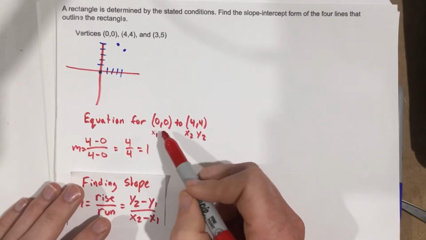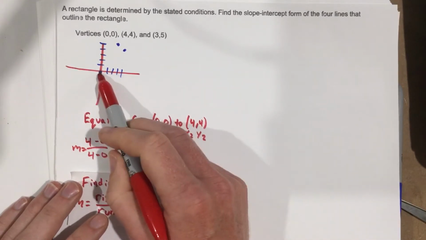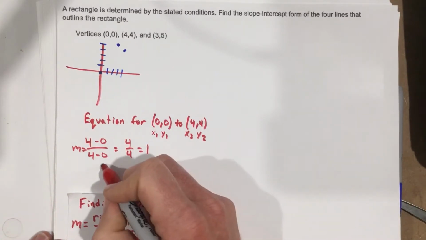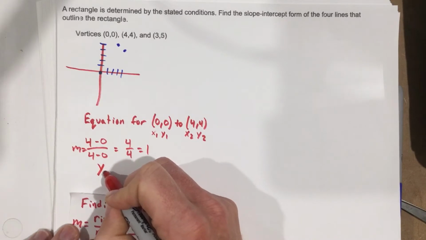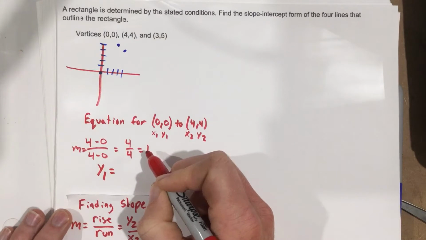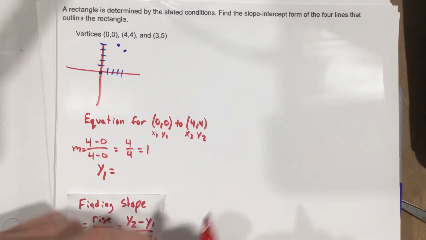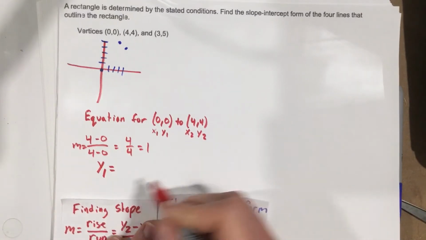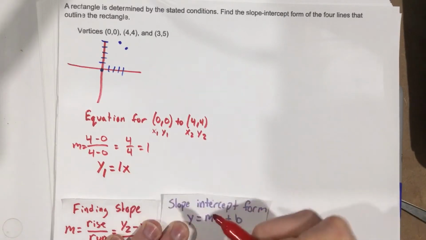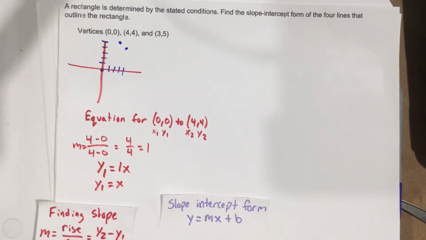This line is passing through 0, 0, so that is the y-intercept. You can see it right there in the picture. So this first line, we'll call it y1, has a slope of 1. Going back to slope-intercept form, we end up with 1x, or y1 equals x.